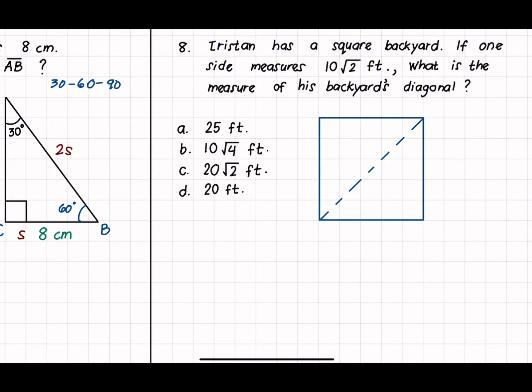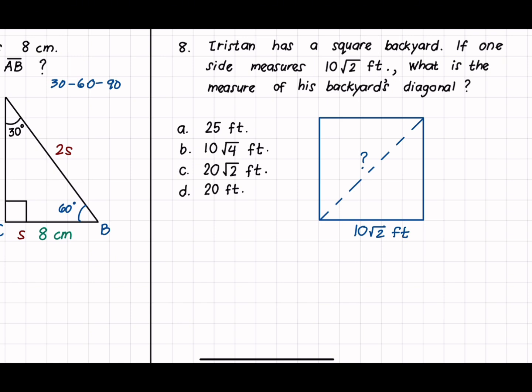Based on the given, one side is 10 square root of 2 feet. What is the backyard's diagonal?